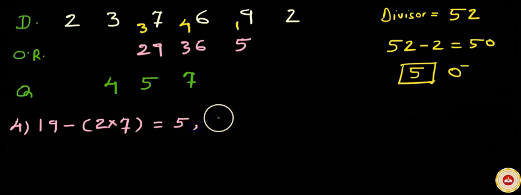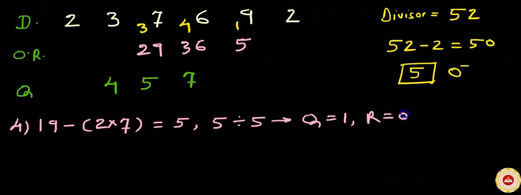Now divide this 5 by osculator 5, which gives us quotient 1 and remainder 0. So let us write quotient 1 below this 5 and remainder 0 as a prefix to next digit, last digit in the dividend, which is 2 here.